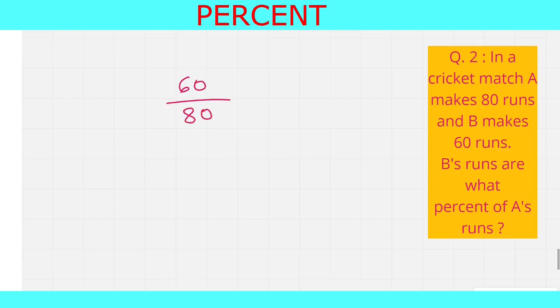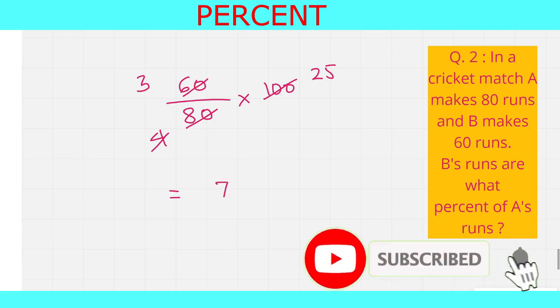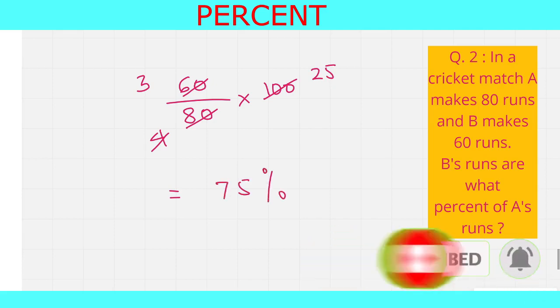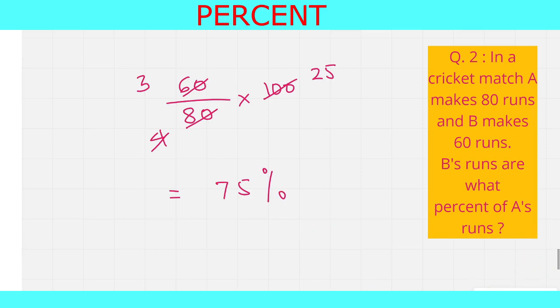So we write 60 upon 80 or 60 over 80 multiplied by 100. 60 is cancelled by 20 for 3 times and 80 for 4 times, and 4 cancels 100 for 25 times. This gives us 25 multiplied by 3 is 75%. So B's score is 75% of A's score.